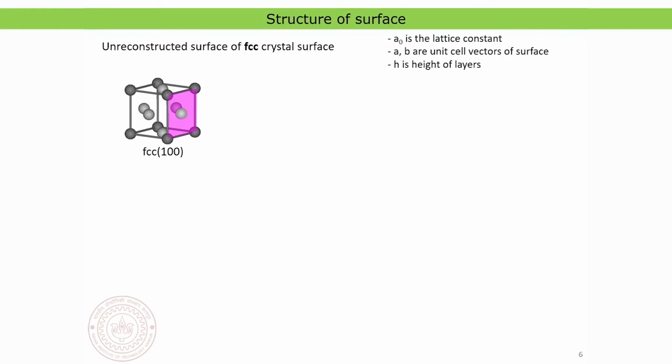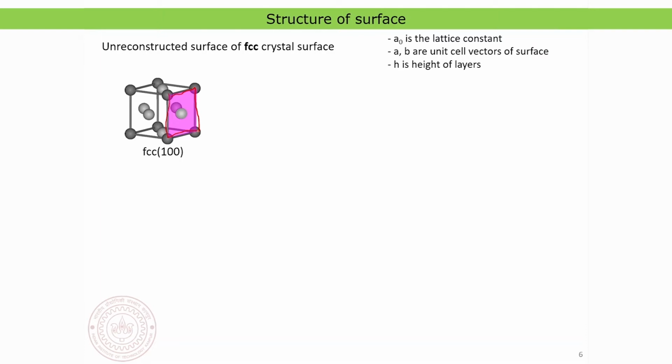So, in the previous slide, you have seen how to create different surfaces from bulk lattice. Now let me summarize the different aspects of these surfaces that we have created from the bulk. Here we have the FCC 100 surface.